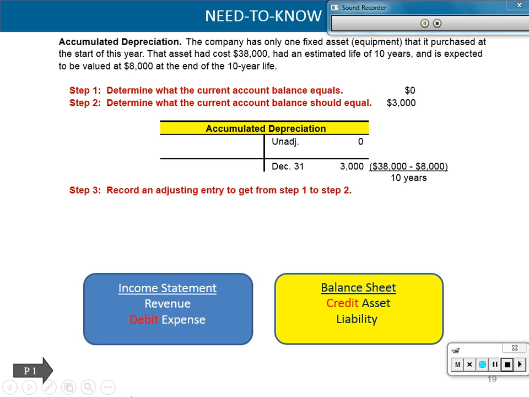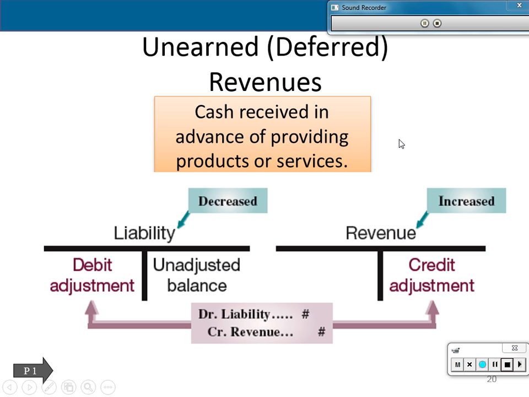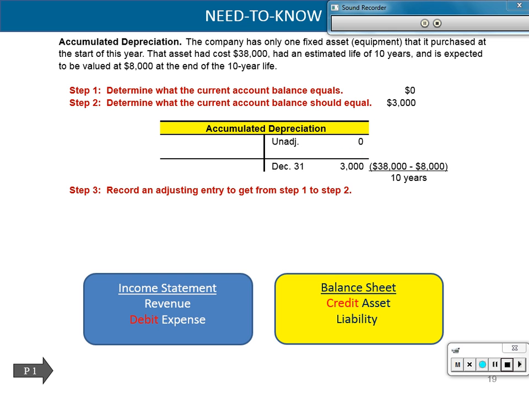So is it 3,000? So this is the cost of the asset.